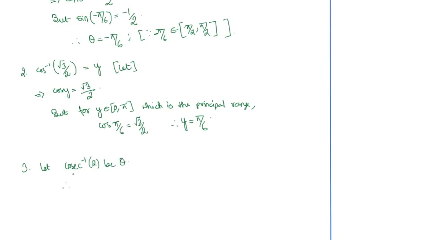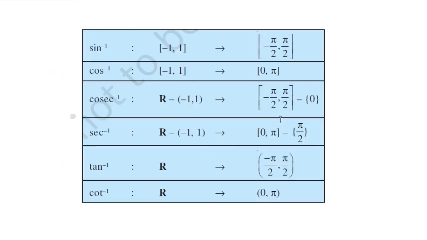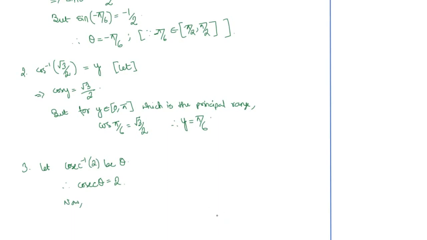So therefore cosec theta equals 2. Now you can see that the principal value range of cosec inverse is from -pi/2 to pi/2 excluding 0, because it is the same as sine, but since cosec is not defined at 0, we exclude 0 from the range. Now here, we can write, no need to write since, you can say that cosec pi/6 is equal to 2.